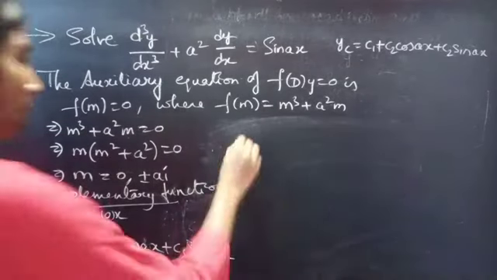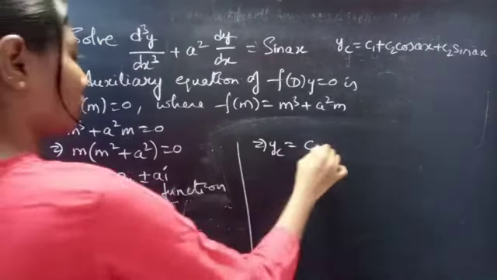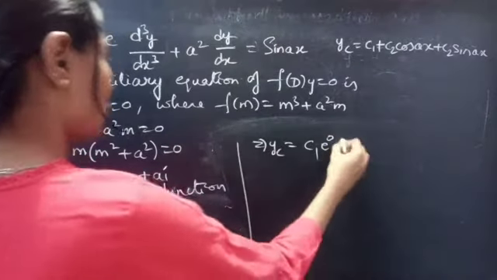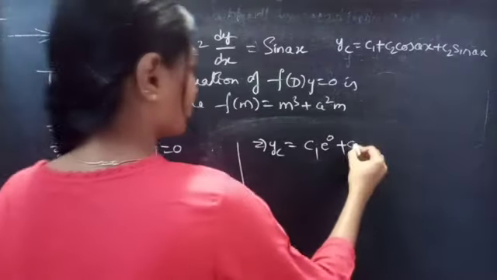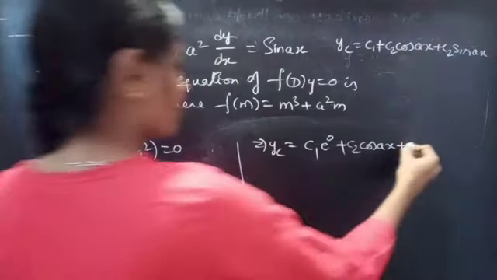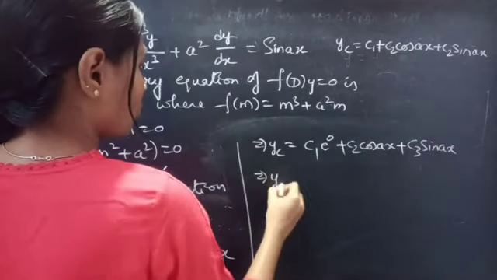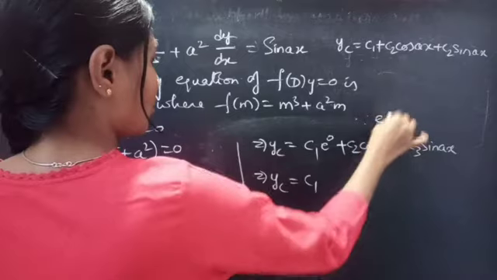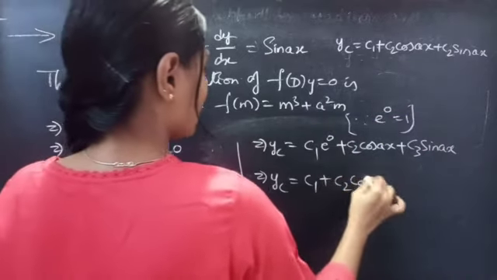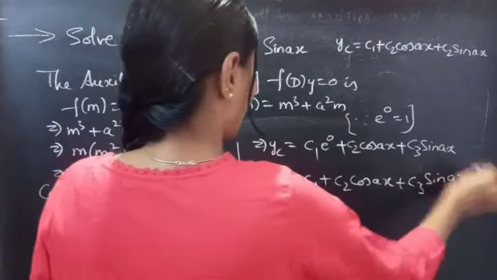Then our Yc becomes c1 e power 0x, which is e power 0, plus c2 cos ax plus c3 sin ax. Then Yc equals c1, since e power 0 equals 1, so you'll get c1 plus c2 cos ax plus c3 sin ax.